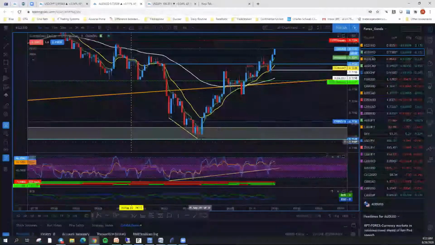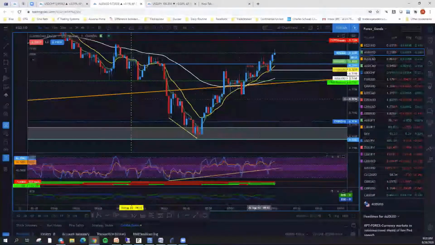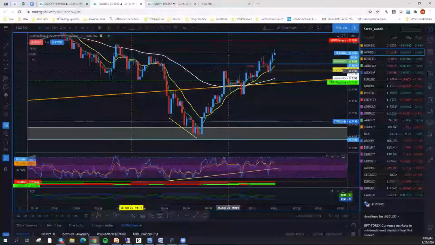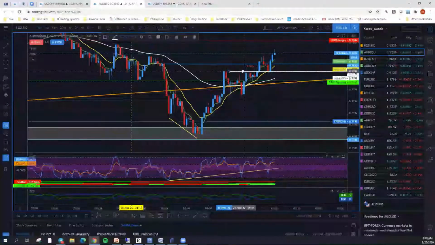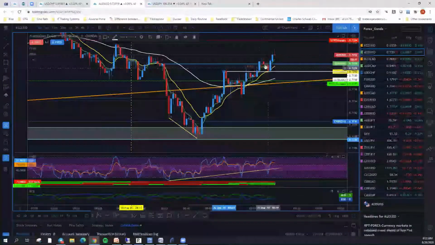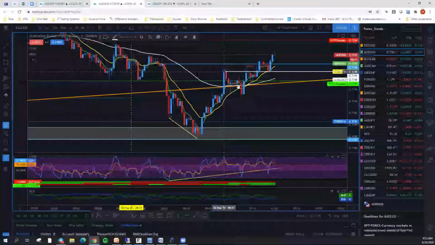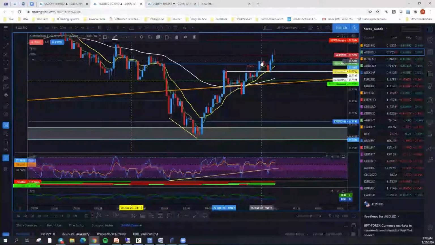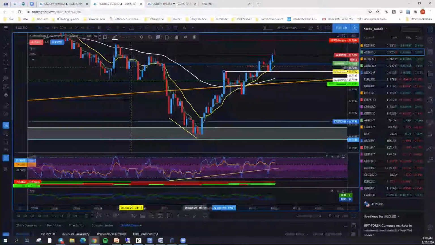You see, we had this nice little up move. Here's a little bit of a wedge in itself. And here's where you're looking for the break off of this red candle, looking for the break and close above. Also looked at this one. Came back, broke the fib line, checked it, broke it again, came back, tested the fib line, and then gave us a nice little close above this area.